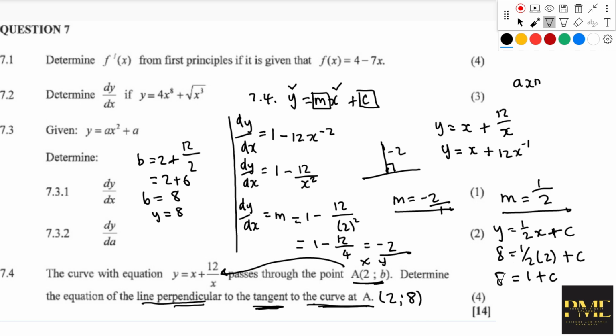We transpose 1 to the other side to solve for c, so 8 minus 1 is equals to c, and c is 7, guys. Now that we have c and the gradient, we can write our equation. I'm just going to write it in red over here: y equals 1 over 2 x plus 7, guys.